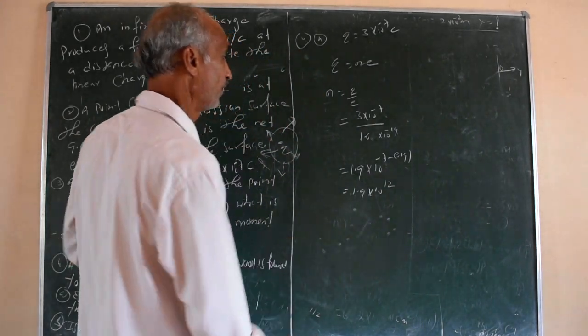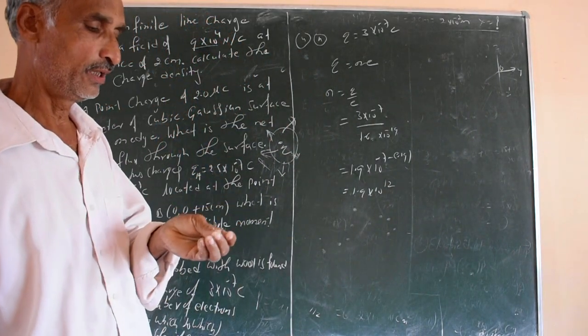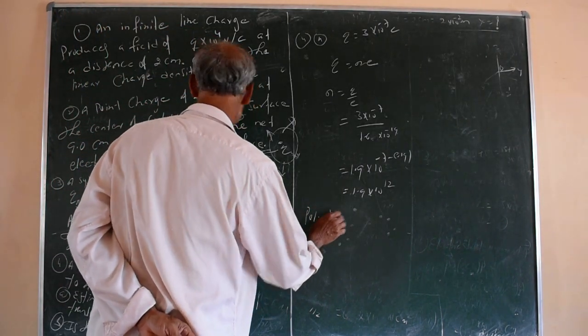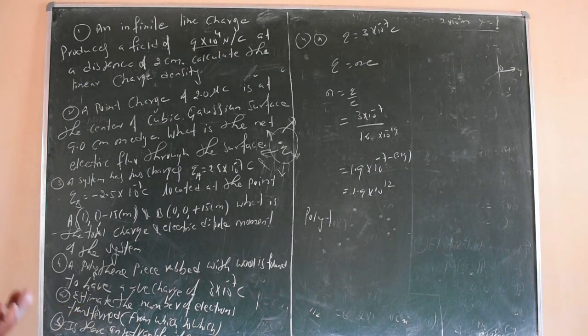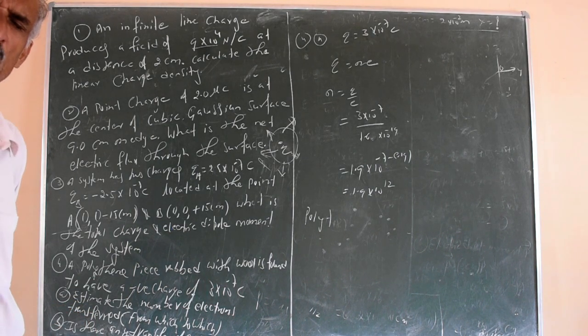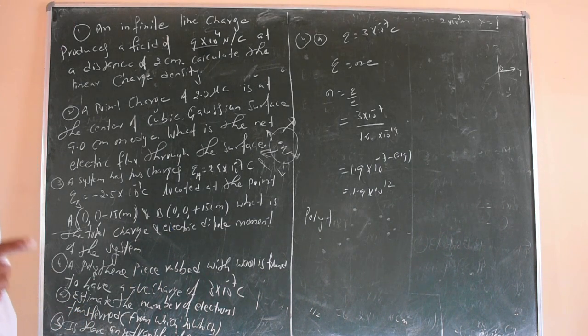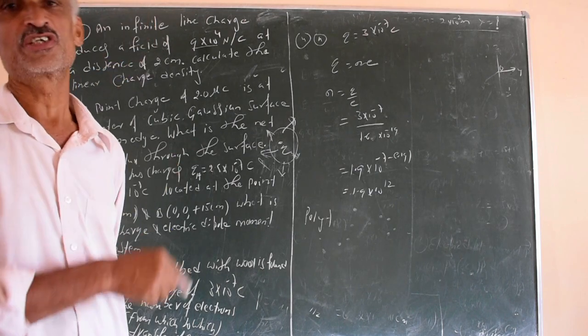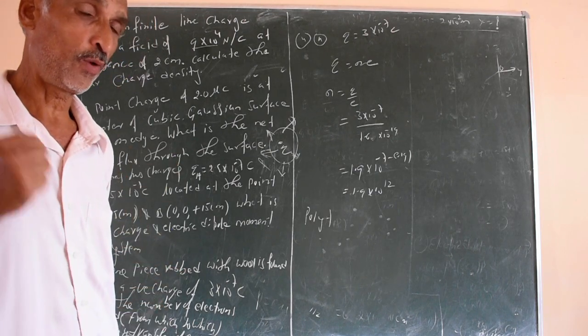Polythene is negatively charged, which means electrons are transferred from wool to polythene. Polythene is negatively charged means there are excess electrons in it. Therefore, from where did it get the electrons?